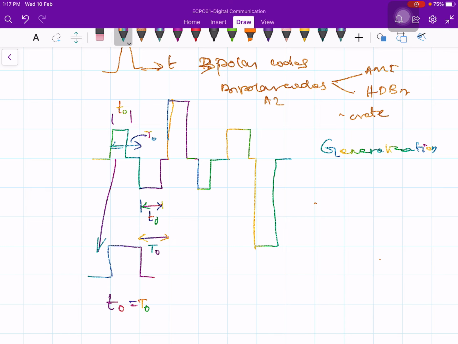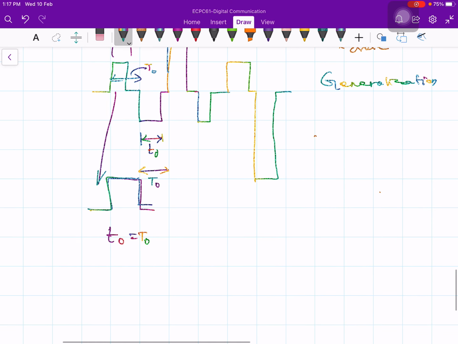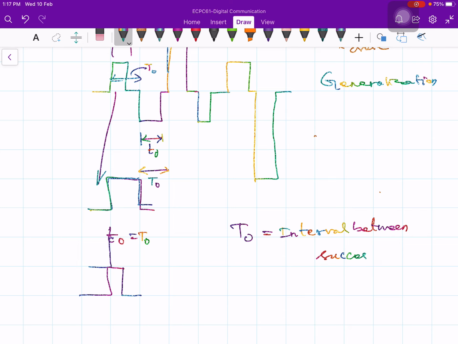Sometimes people will not allow the pulse to be on for the whole period, but will allow it to be on for half of the time, and for the remaining half it will be 0, in order to save power. Here capital T naught is the interval between successive bits, and small t naught is the pulse width.